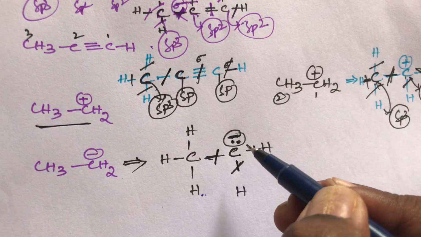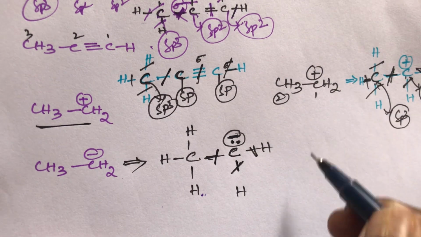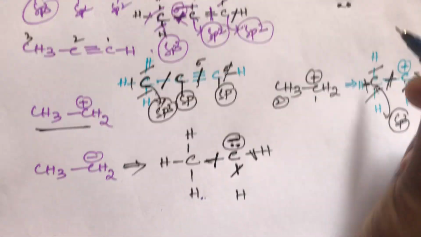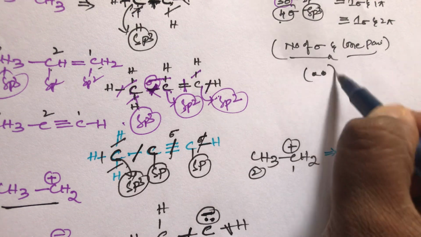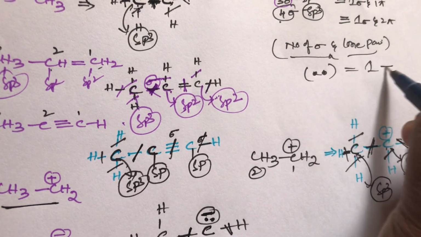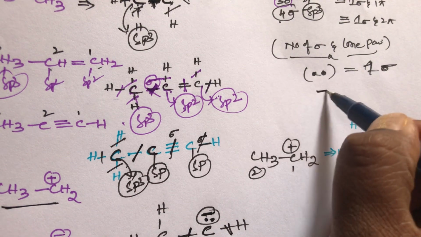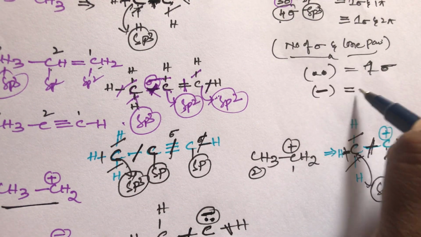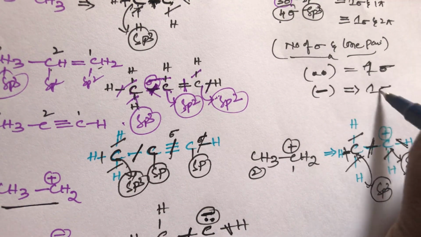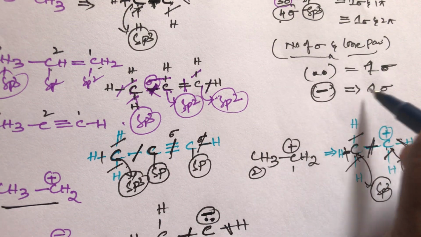2 electrons means 1 lone pair. What I said, student, 1 lone pair is equal to 1 sigma bond. You remember, 1 lone pair equal to 1 sigma bond. That means the negative charge is equal to 1 sigma bond. You remember, a negative charge always contributes only 1 sigma.